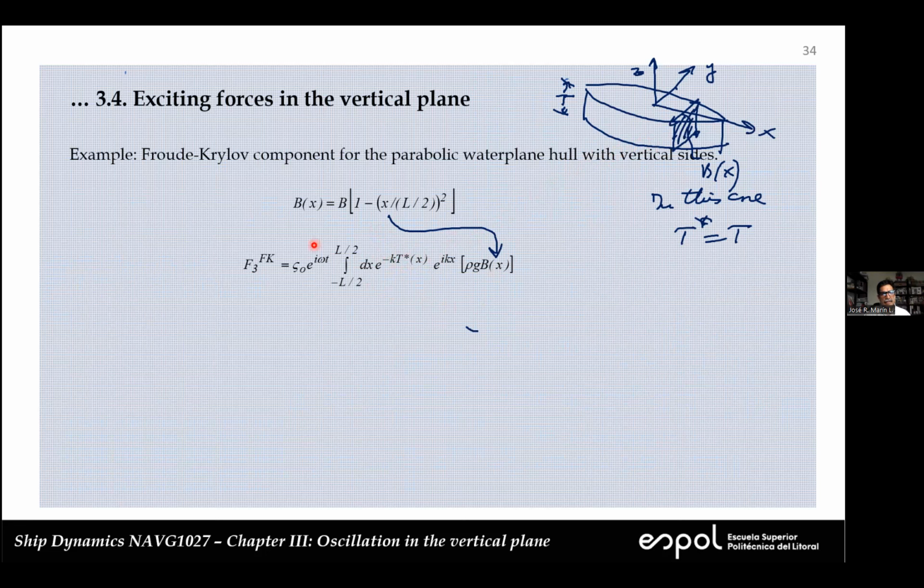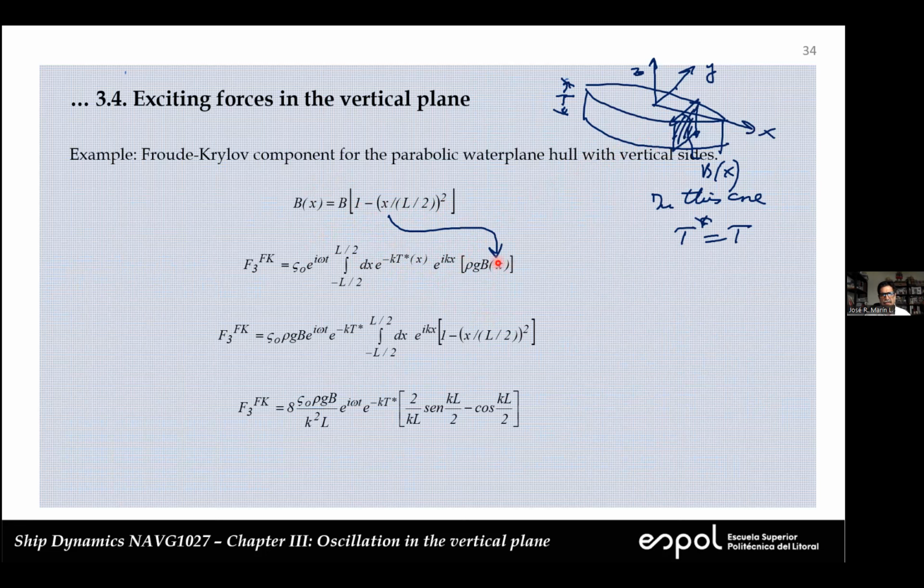We can take this outside, so we will have e to the ikx, and this b(x) has one constant term and one quadratic term. So there is an exact integral for this. I did it, so you can do it too. We replace this, do the integration evaluating both ends, and this is the result.